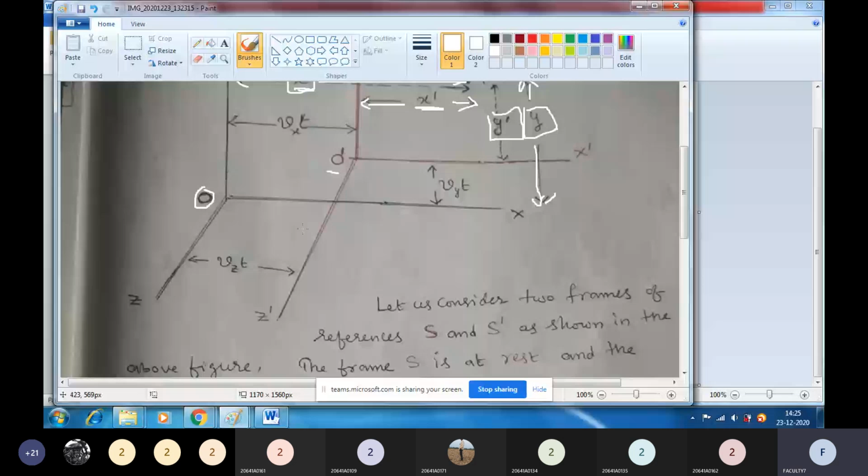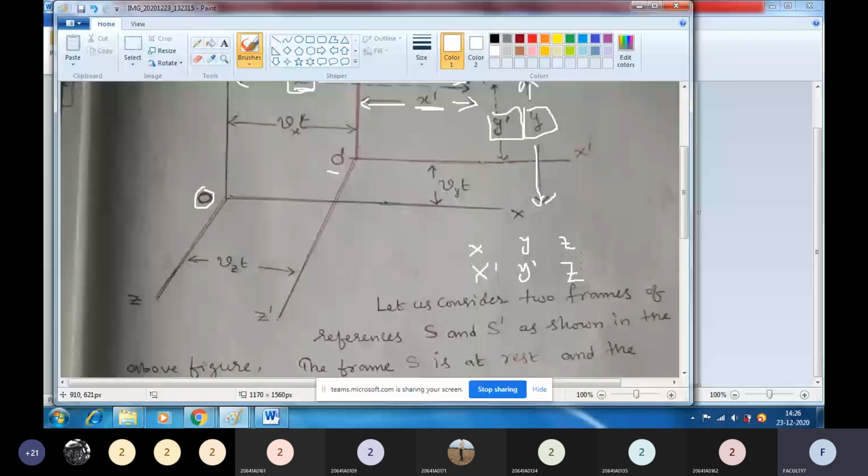So you need to consider x, x prime. It takes small x. Now here y prime. Next z, that I didn't write in this particular image. You need to consider those are there. Now z prime. So these are small letters. Consider these as small letters.